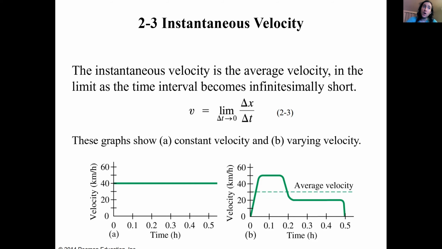Now moving on to the diagram on the right, the velocity is doing something much different. If we look at the origin of this plot, we see the velocity is 0, right? At time 0, the velocity is 0. But as we progress through time, at 0.1 hours, that first demarcation of the time at the bottom, the velocity is now at 50 kilometers per hour.